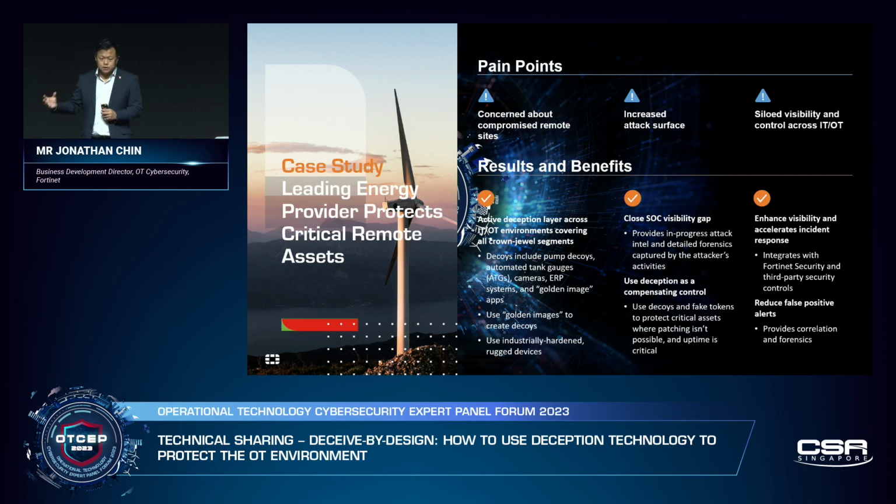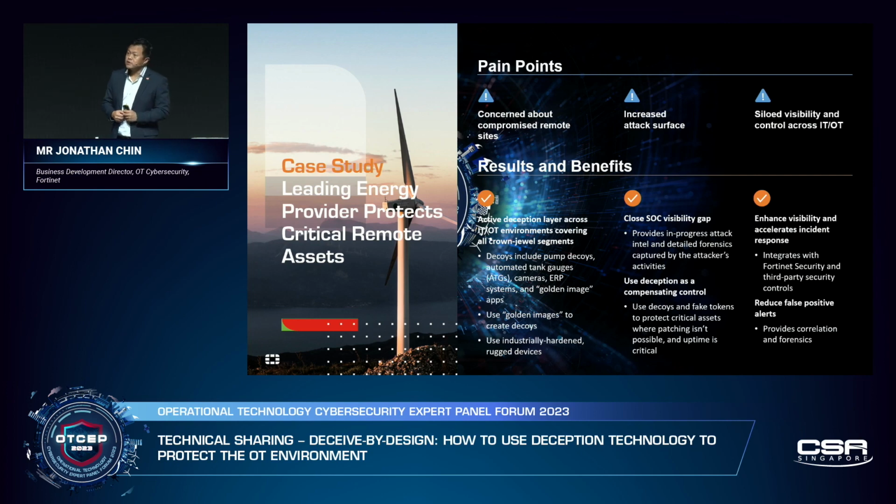So they expanded across their entire company. We created an active deception layer across the IT and OT environment, covering all the crown jewels. You don't have to put it everywhere; you can pay special emphasis on what's important.